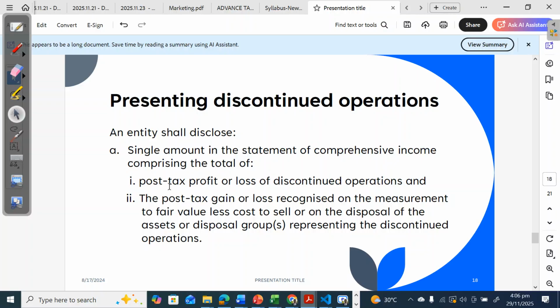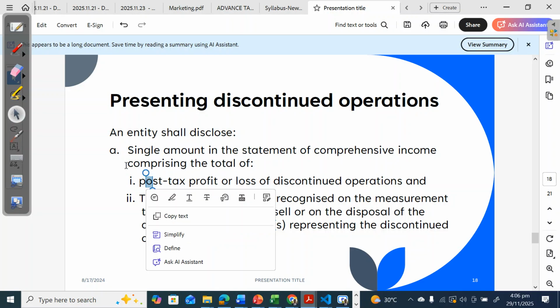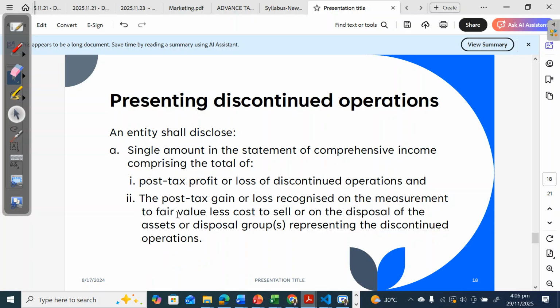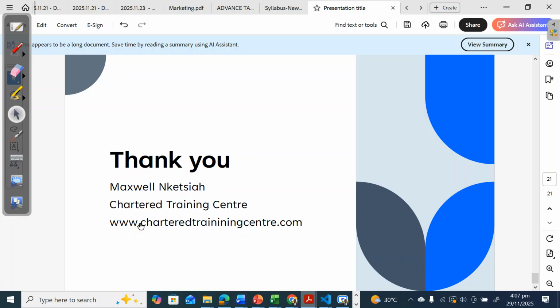So it's made up of two main items. The one is the normal profit, income and expenses, and also any fair value gain or loss, and if there's any profit or loss on disposal, you also include it.